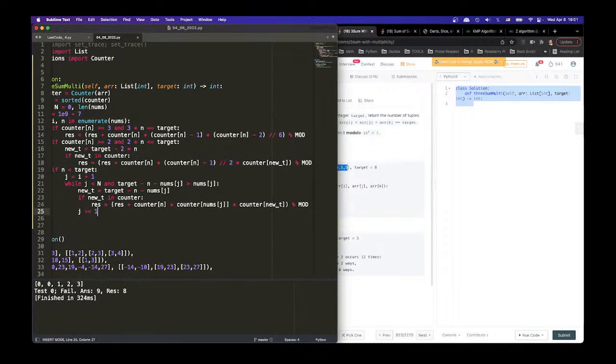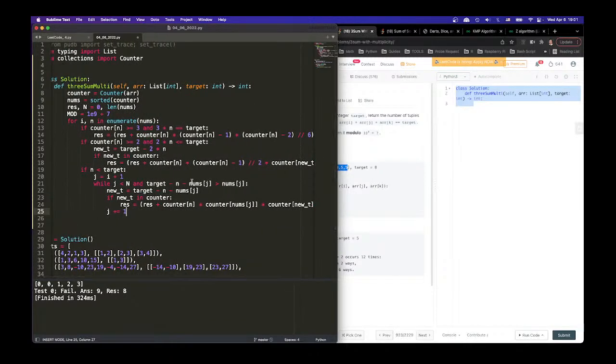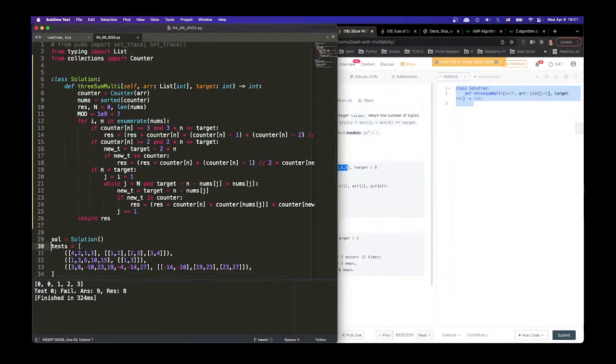Right? And then we keep going, and once j moves too far, then we just escape. So we run through this, and then we go to the next one, and then eventually we're going to return res. Alright, let's see if this one works.